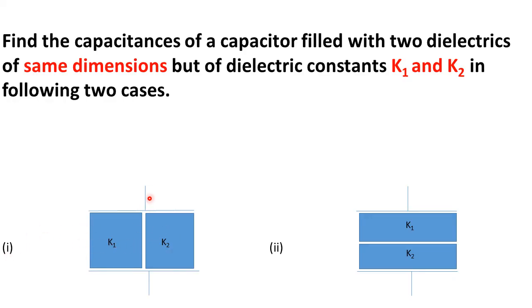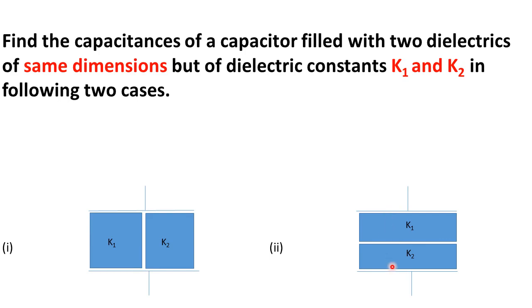So in first arrangement you can see these two dielectrics make two separate capacitors. One capacitor is having dielectric constant K1 and the other capacitor is having dielectric constant K2. These are connected in parallel combination, and in other combination these are connected in series combination.